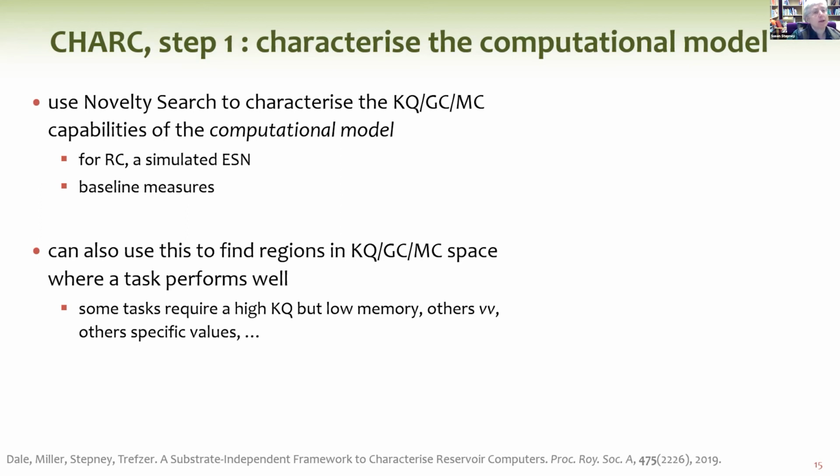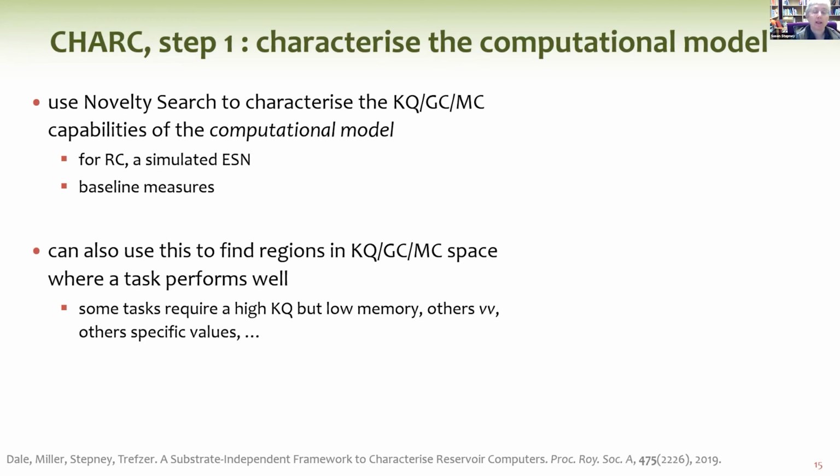And the first step is actually characterizing the computational model itself. What is the computational capacity of the computational model? So we build a simulation, a direct simulation of the computational model. And we use a technique called novelty search, which is a kind of evolutionary algorithm that uses novelty as its fitness rather than some specific fitness, an optimization technique, to explore the space.